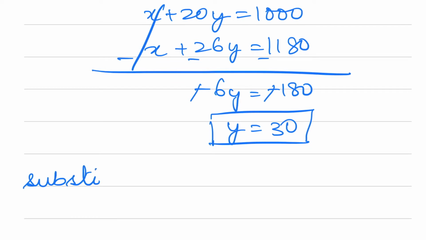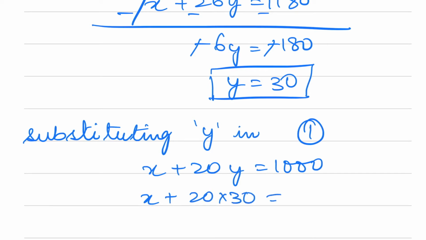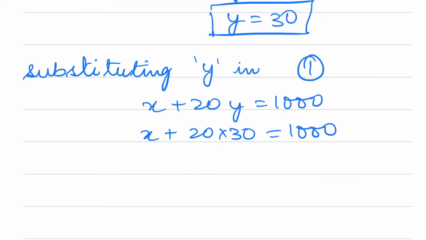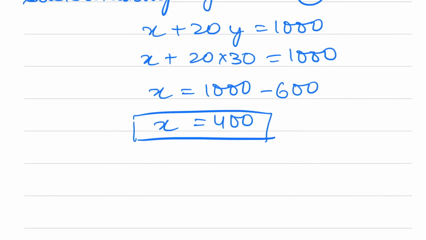So now substituting y in first equation, x plus 20 into 30 is equal to 1000. So we have x is equal to 1000 minus 600. So x is equal to 400. So 400 are the fixed charges.